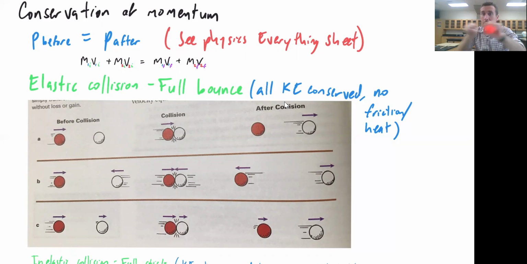If it fully bounces, there's no deformation of the object, like squishing it and then squishing it back. It's just complete and utter bouncing. So no friction, no heat, meaning all energy is conserved. All mechanical energy or all kinetic energy is conserved.